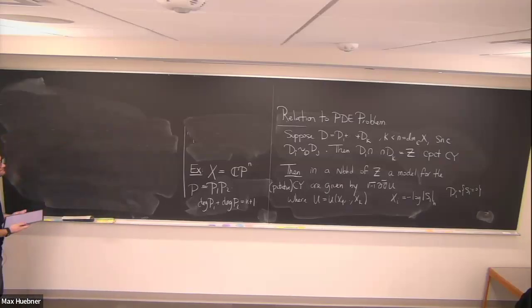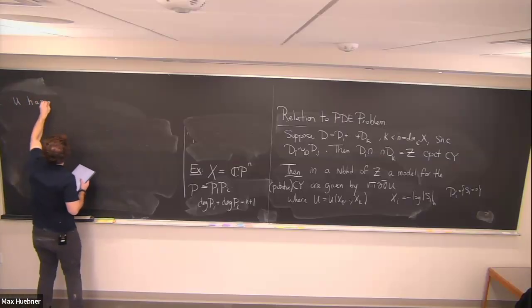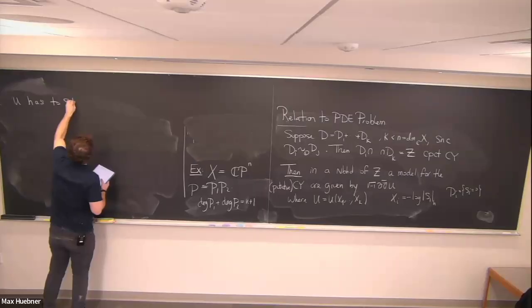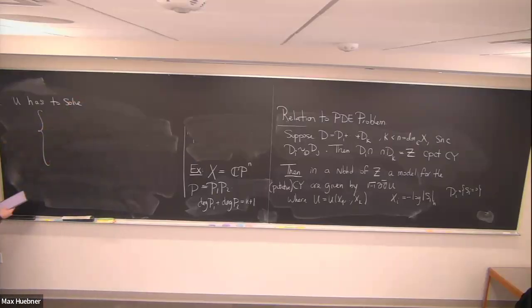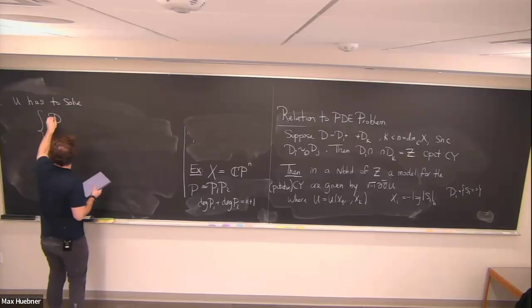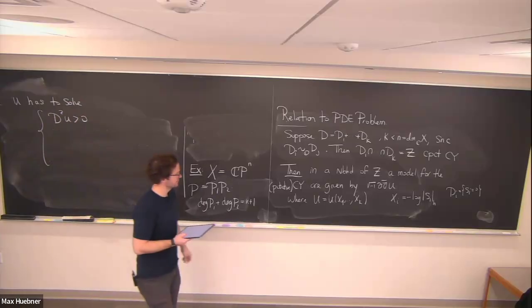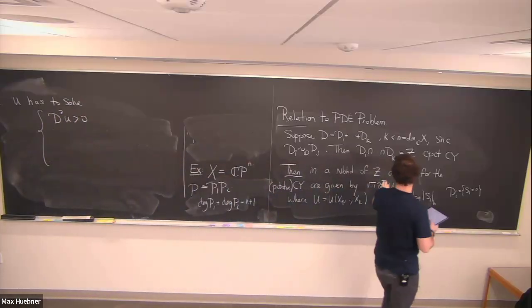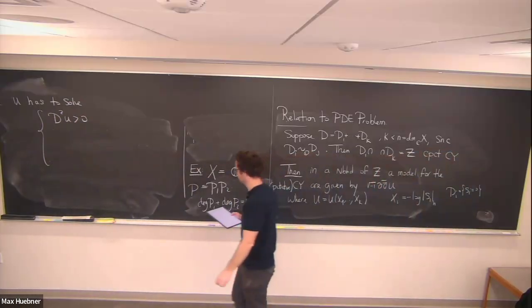Okay, so right. So you get this function, and you want this function to define a metric. So U has to solve the following equation. So it should be a metric. So that means that the function should be convex, okay, because I'm taking 2 derivatives here, and this is supposed to be a symplectic form, so this has to be a convex function.